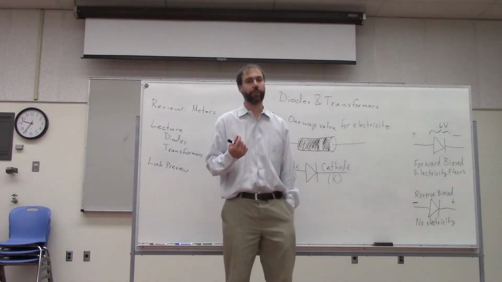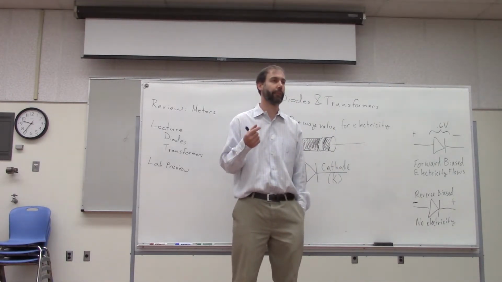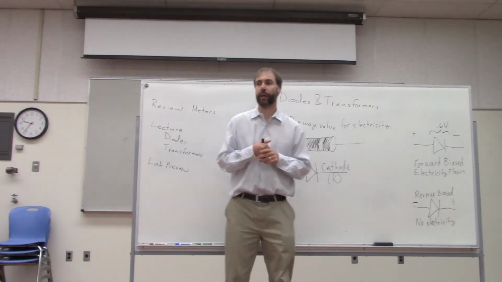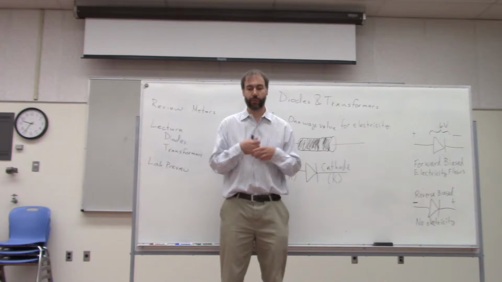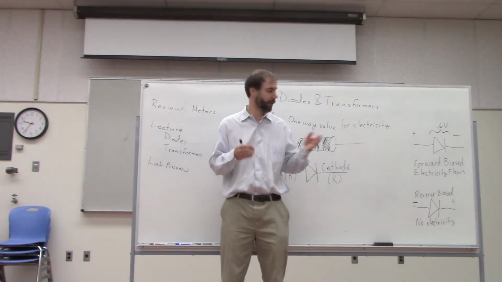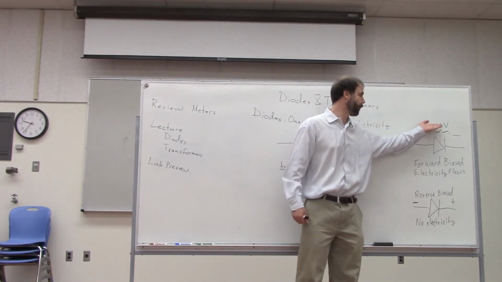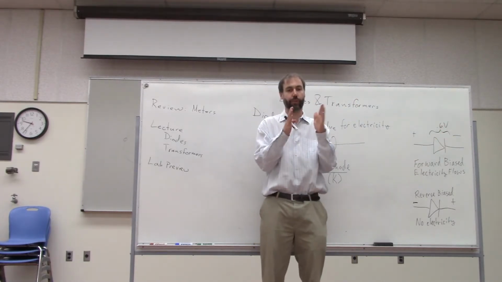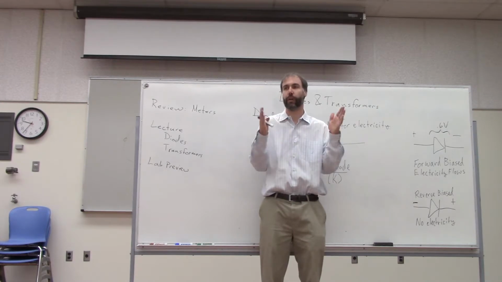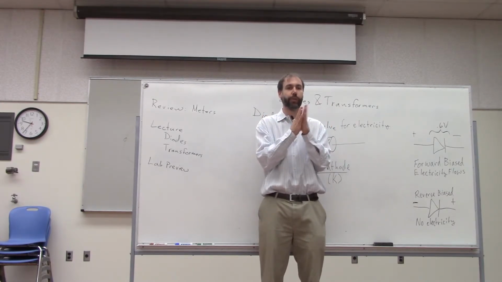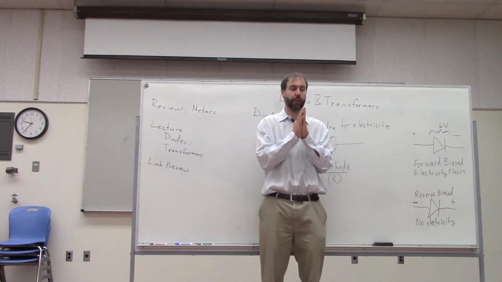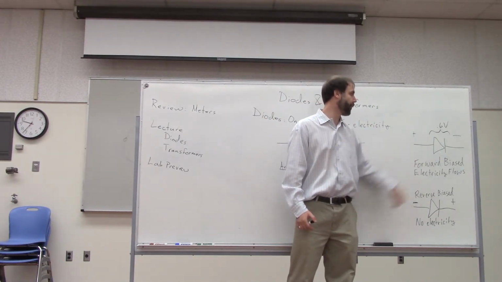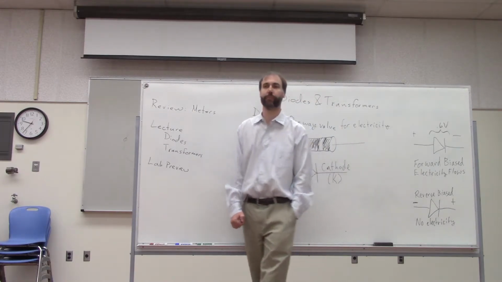But certain diodes are made out of other semiconductors, in particular germanium. Germanium diodes have a different voltage, more like 0.3 or 0.4 volts, because the depletion region is slightly different, so it takes less voltage to get rid of that. So if you have a germanium diode, you use a 0.3 or 0.4 volt drop.